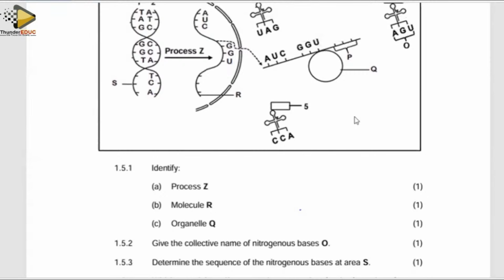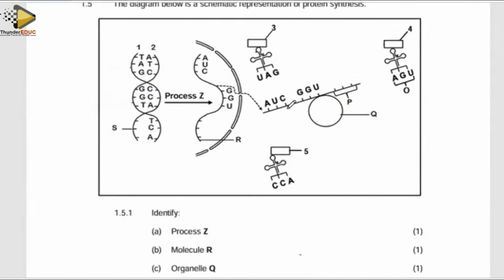Okay, so we go back and ask ourselves, identify process Z. Identify the process labeled Z. So if we check here, what is Z? Which process is Z? The process of Z is transcription. Then molecule R, where is molecule R? This is a messenger RNA.